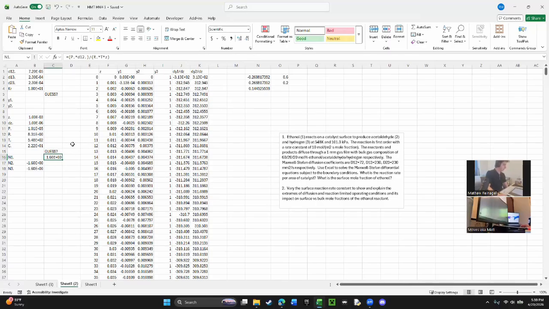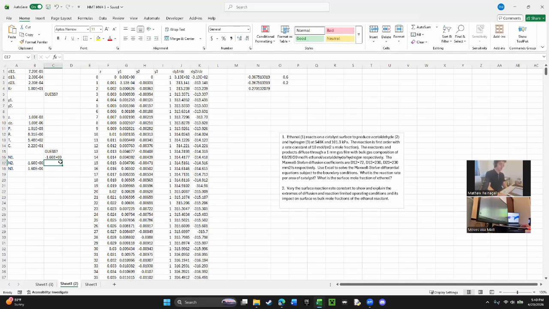as to what our molar flux is. However, we still don't really have a proper guess for Y1, which is where this rate constant comes in. If we take the absolute value of N1, actually wait, sorry. This should be negative, right?